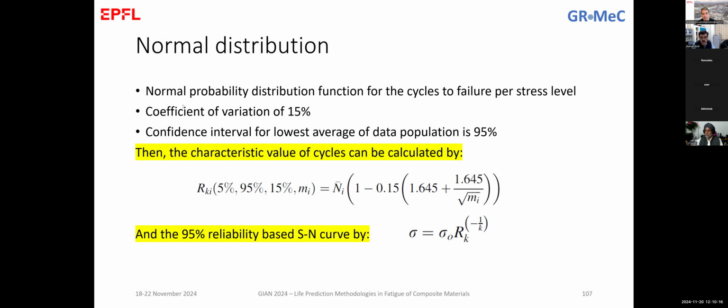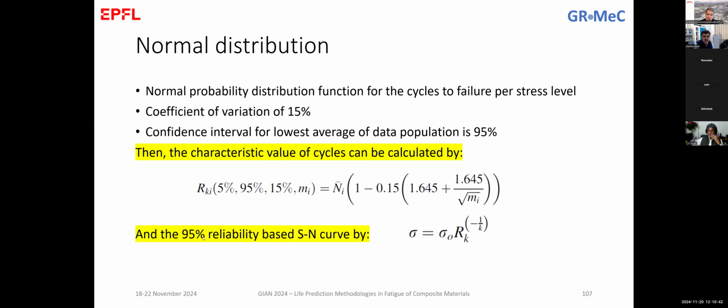Normal distribution is, as we said before, a very simple equation that actually allows you to estimate the characteristic value of a property. And in this case, if we talk about numbers of cycles, because this is the objective in fatigue, we can estimate the characteristic number of fatigue cycles.